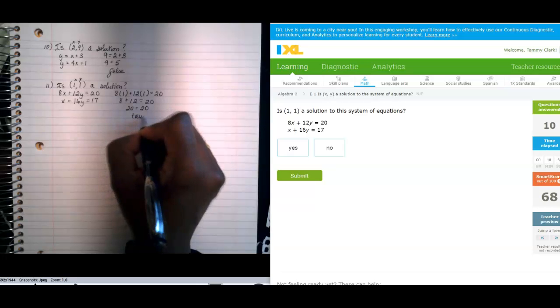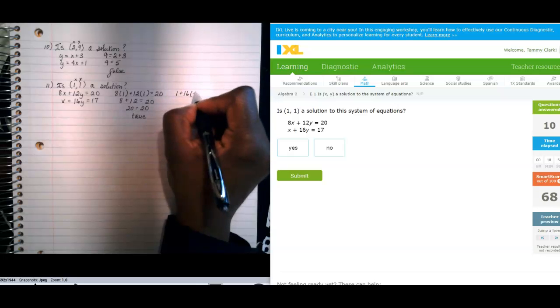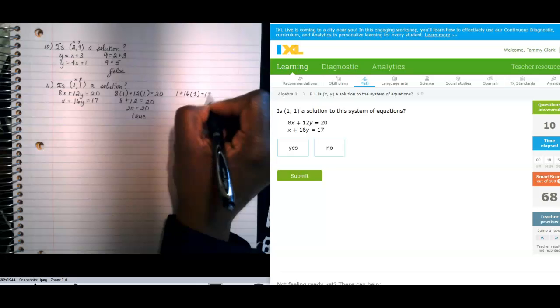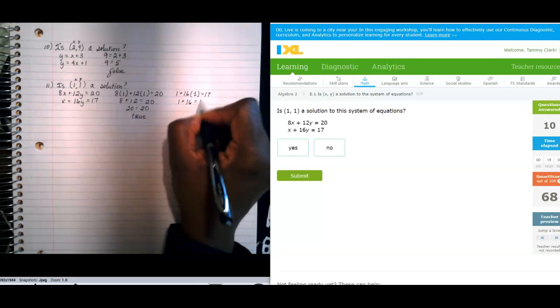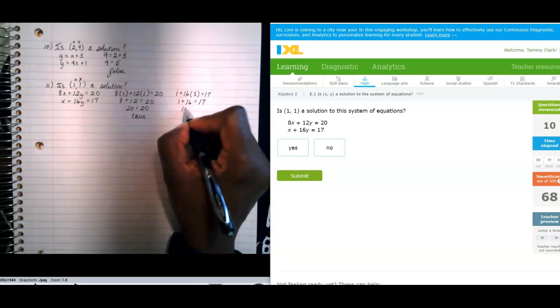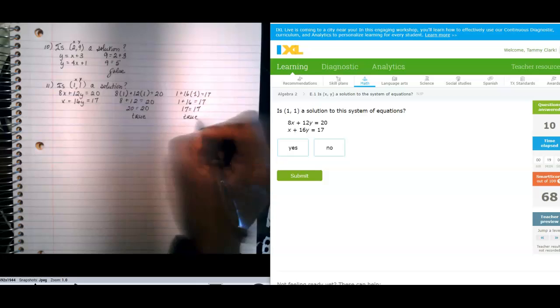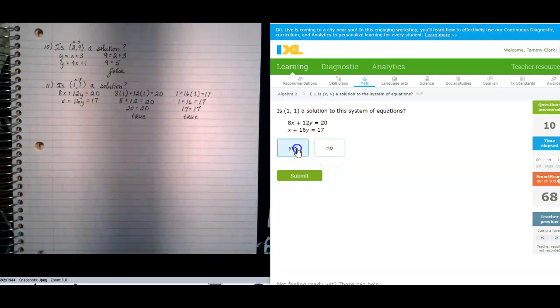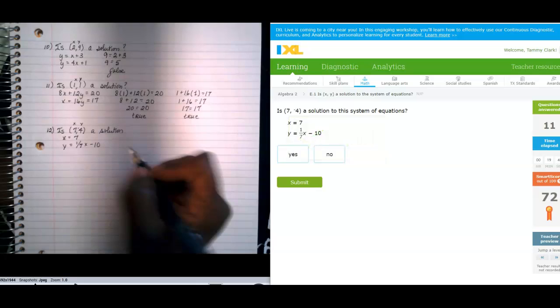So that statement is true. Let's test the next one. 1 plus 16 multiplied by 1 equals 17. 1 plus 16 times 1 is 17. 17 does in fact equal 17. So that statement is true. So we're going to say yes, ordered pair (1, 1) is an answer.